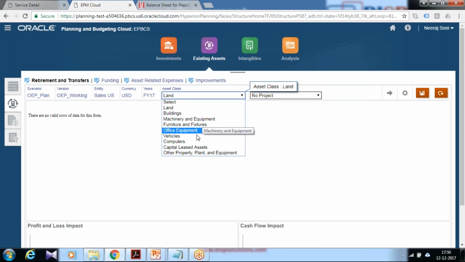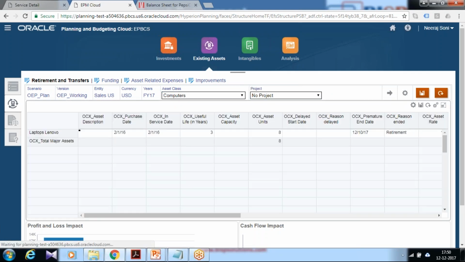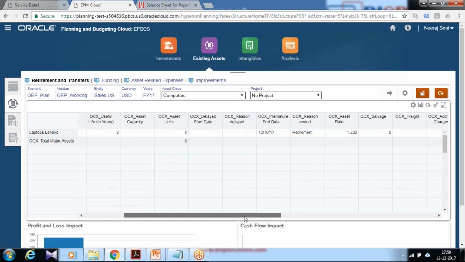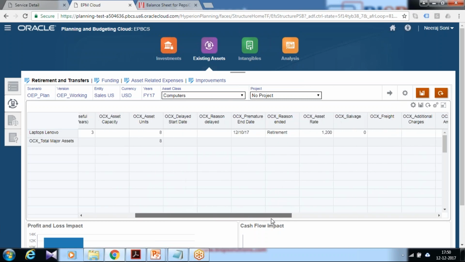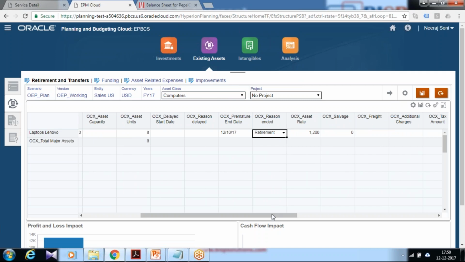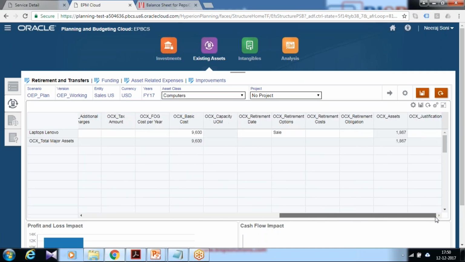For example, if I take computer under no project, then I might find one asset or two assets. Then I can tag this asset to be retired. Then the option of retirement.